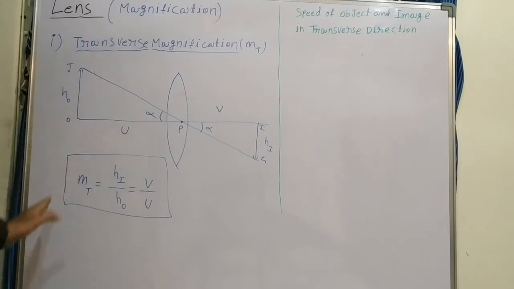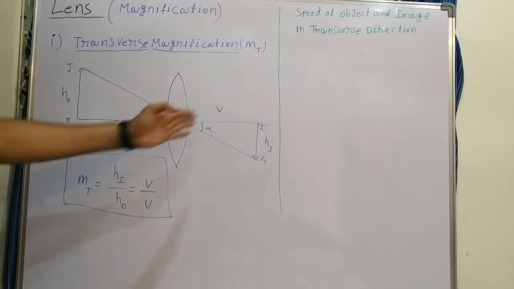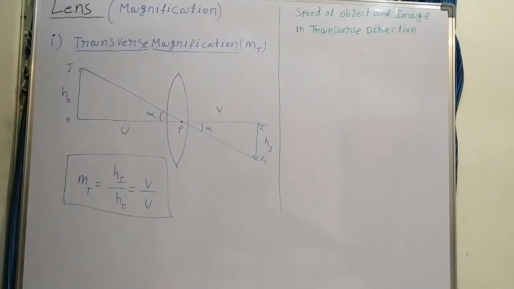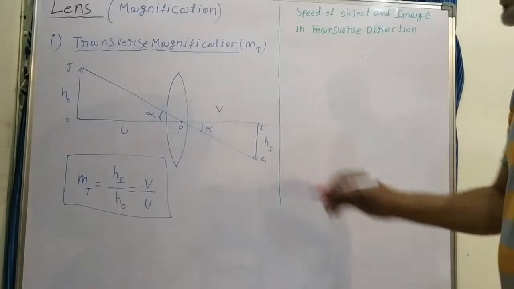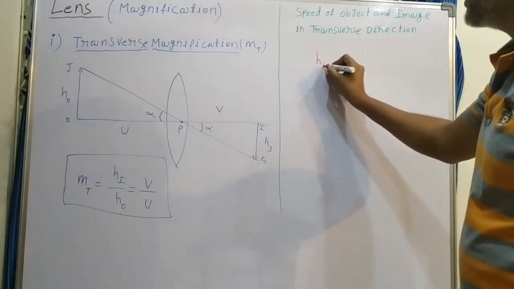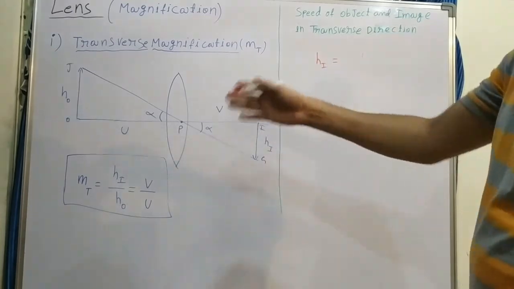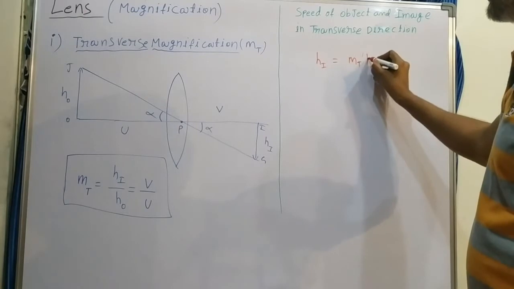Now I'll see speed of the object and image in transverse direction. Suppose the object is going up or down perpendicular to the principal axis, with what velocity is the image moving up and down? Using the transverse magnification equation, height of the image equals mt into height of the object.